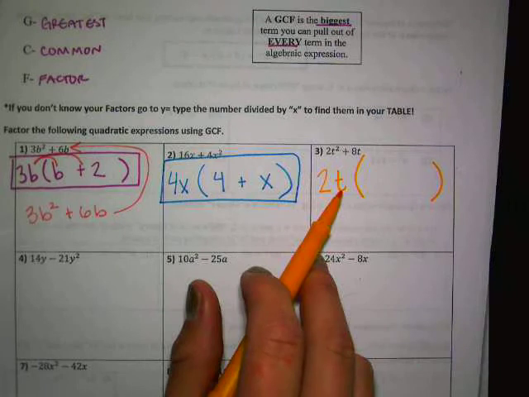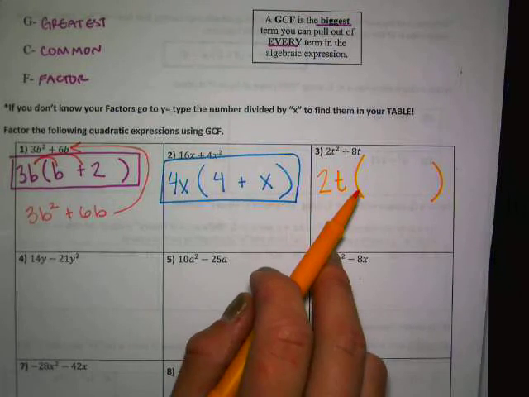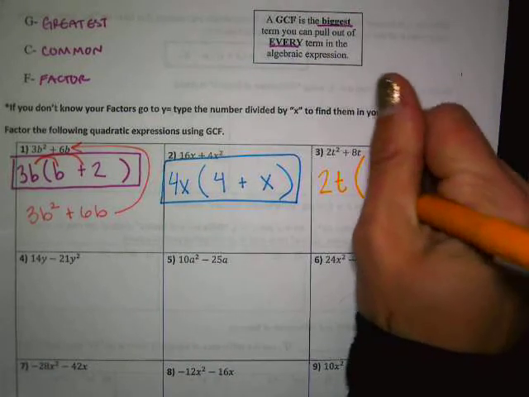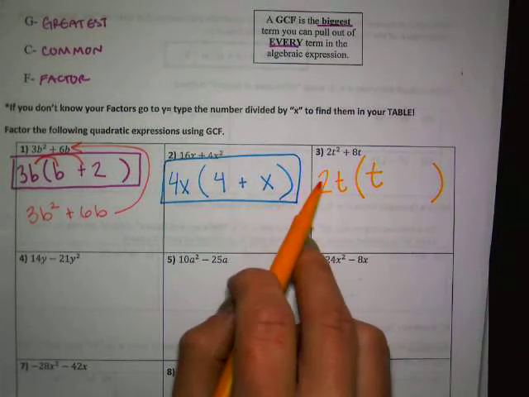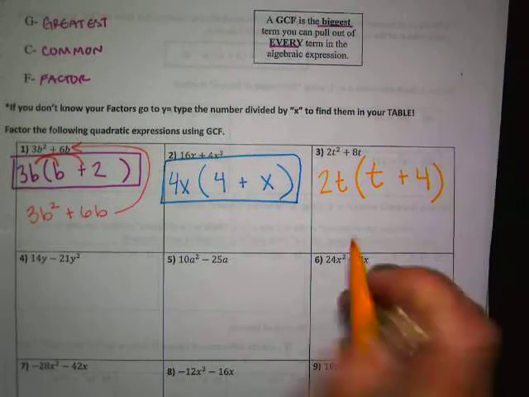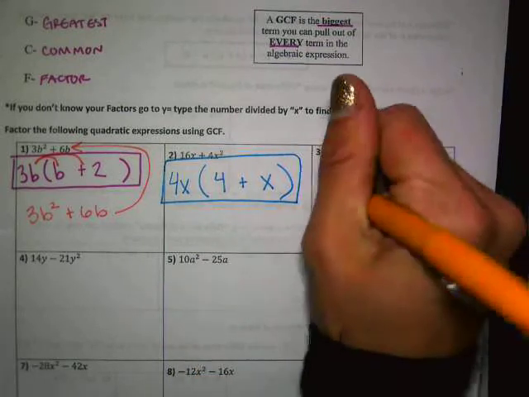And I have a t squared, but I take a t out. So how many t's am I left with? Just t. So I have just a t here. All right, 8 divided by 2, 4, and I have a t, but I take a t out, so am I left with any? So then this is it.